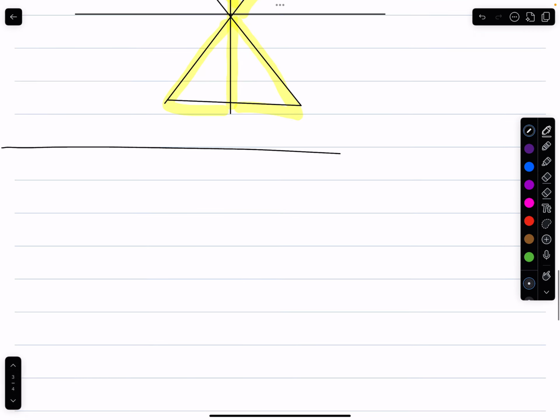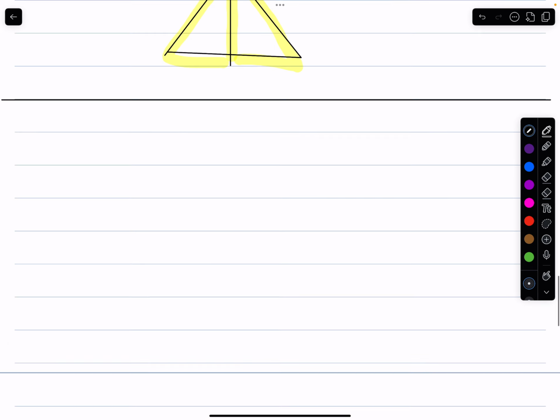And the last concept we want to know for this chapter is, what is a principal angle versus what is a reference angle? Okay.